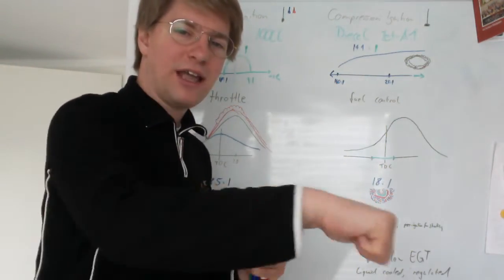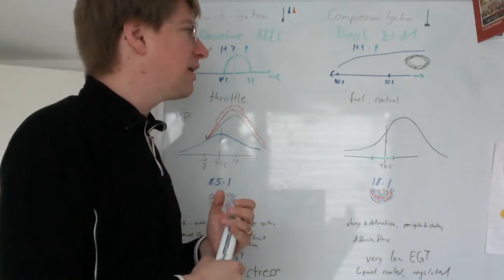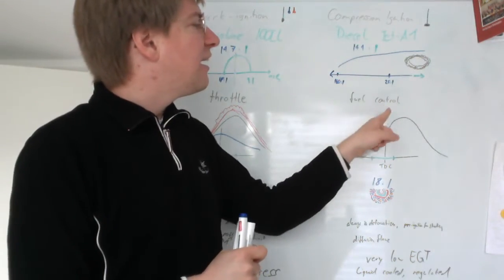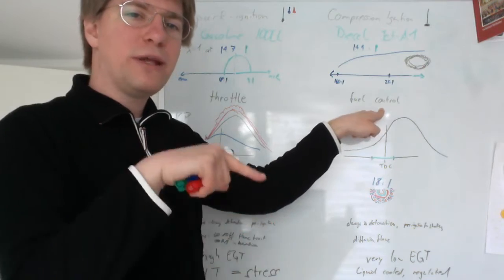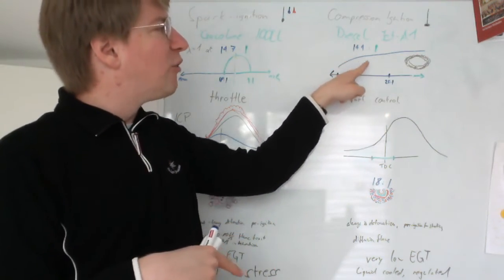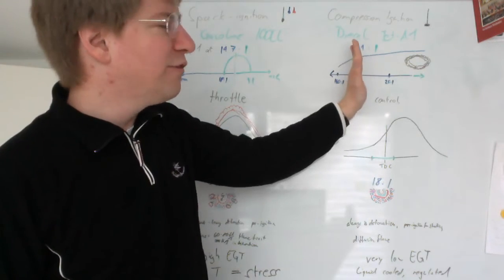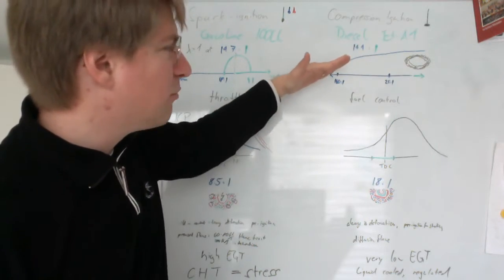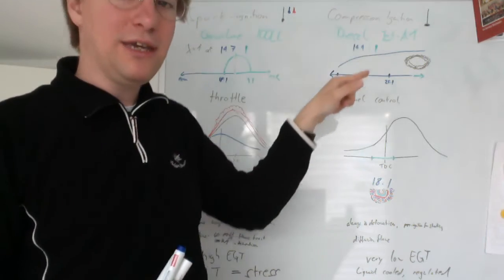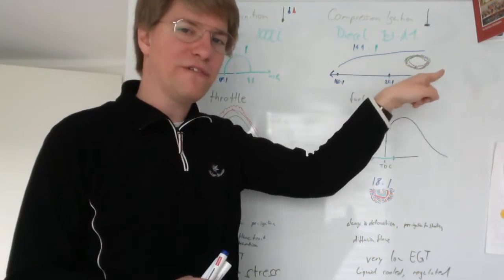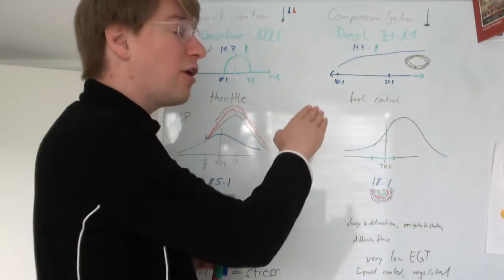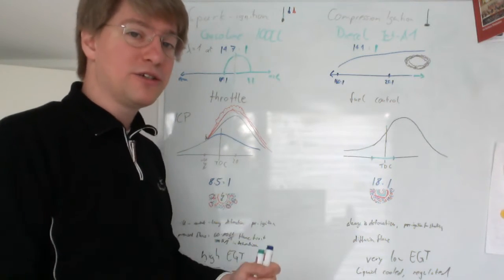What happens if we advance the power lever? The answer is fuel control. We inject more fuel. For increasing the power output, we move to the right side. So we move up the power slope here on the mixture curve. That causes the power output to increase.